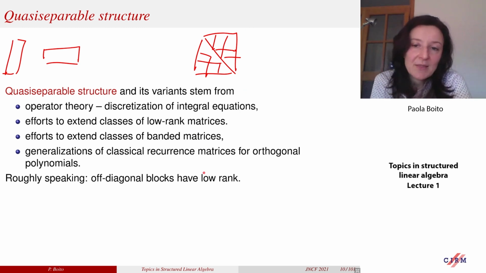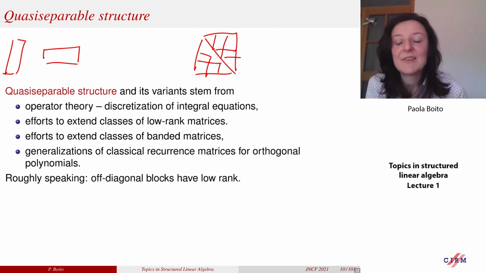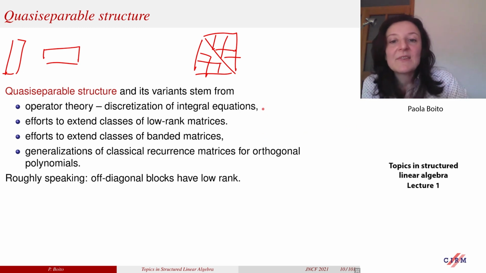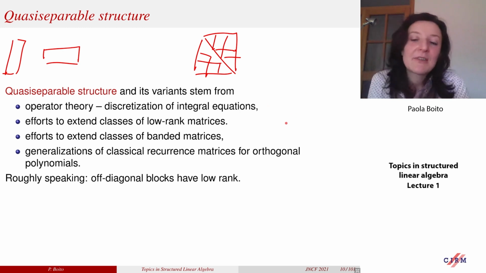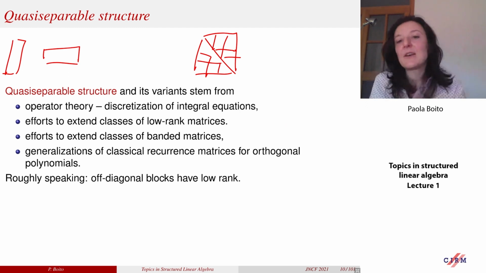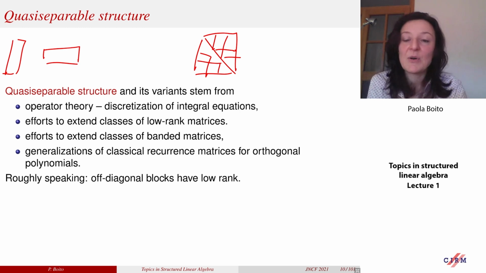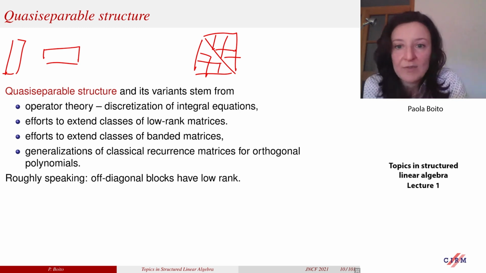Another point of view, which I will not insist on but can be interesting: there's a series of papers by Bella, Olshevsky, and Zlobich that presents quasi-separable structure as a generalization of the structure of recurrence matrices for orthogonal polynomials. Typical three-term relations for orthogonal polynomials, think Chebyshev or other examples, will give you, say, tridiagonal Jacobi matrices, and these are certainly quasi-separable.